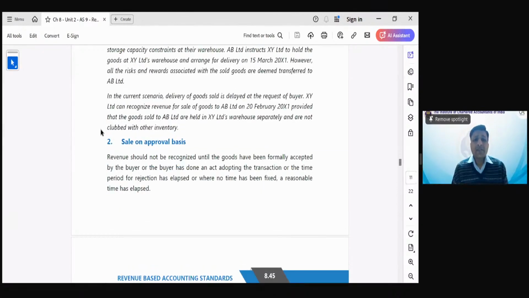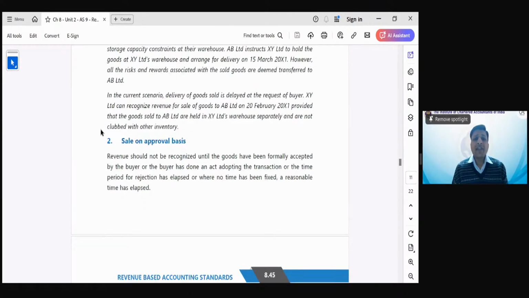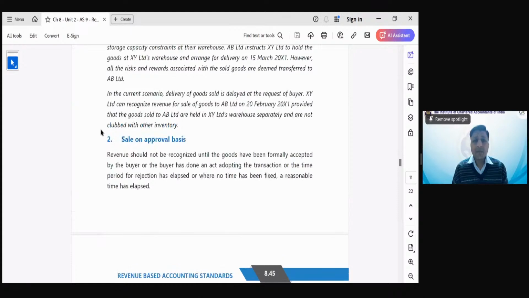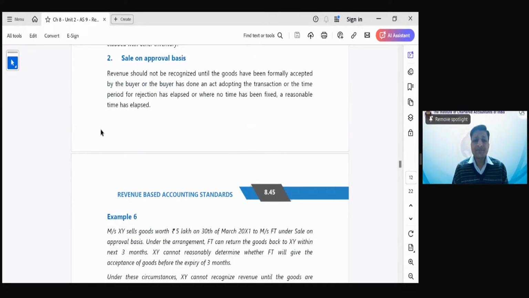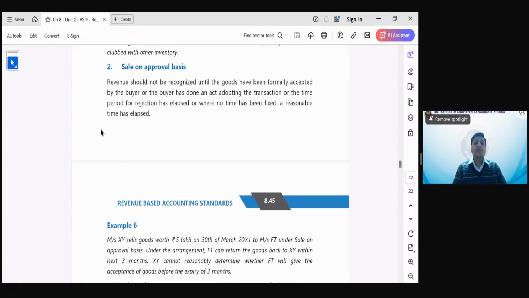So now, at times, we may also have another sort of situation. Now, what is that situation? That the goods are sold to the buyer, but the buyer has a condition. What is the condition?